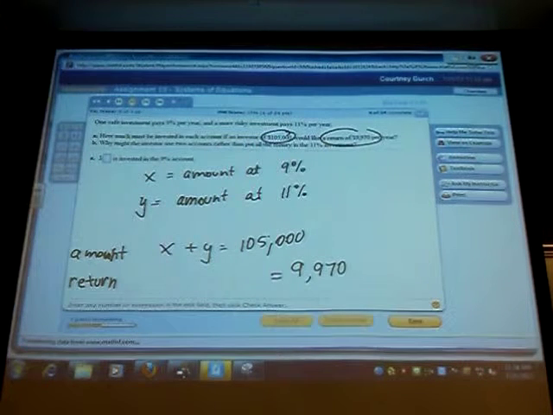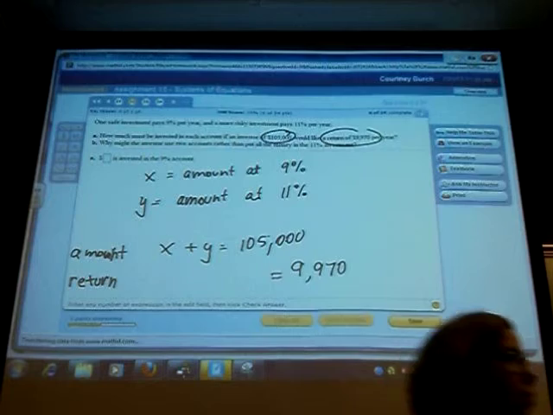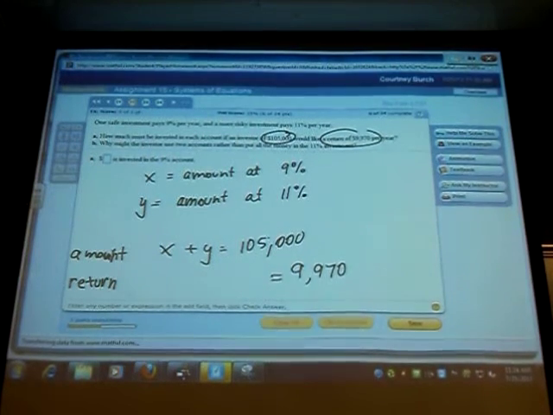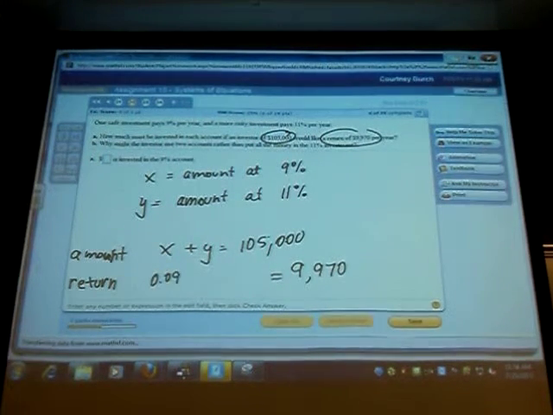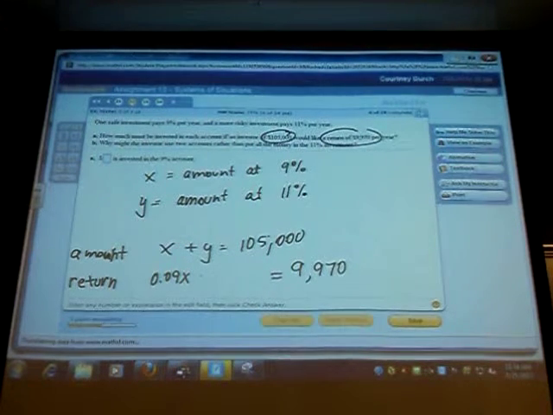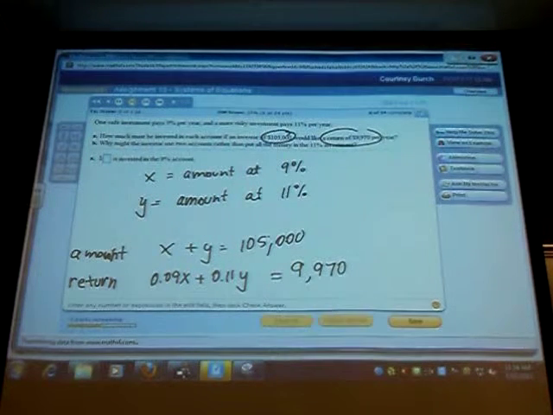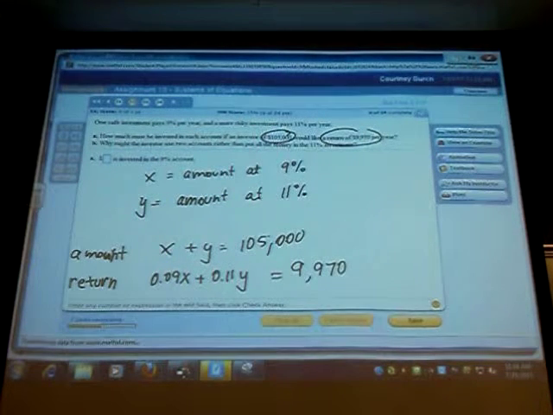So if you invest X dollars and you earn a return of 9%, then your return on that account would be 9% times X. So 0.09x, that's 9% times the x amount, plus 11% times the y amount, that'd be 0.11y. That's your two equations right there.